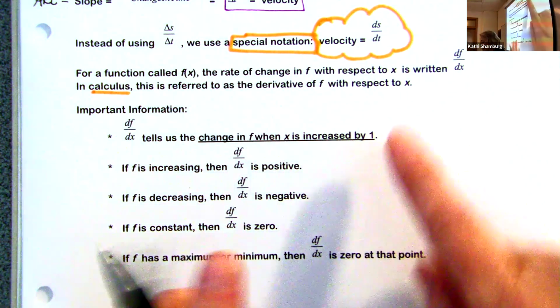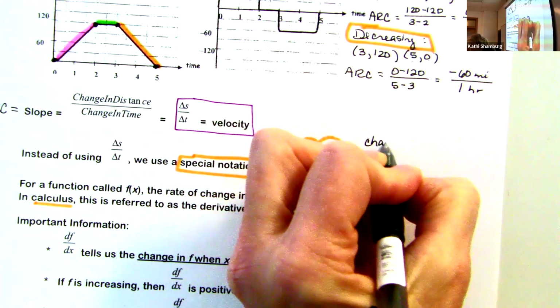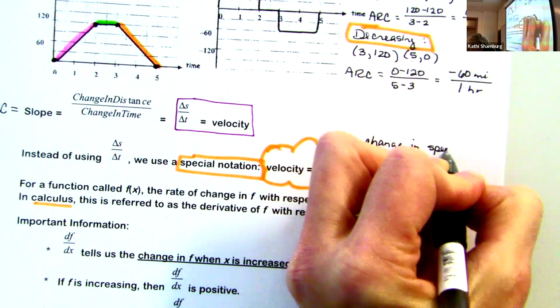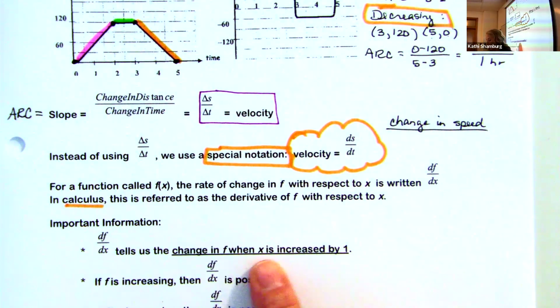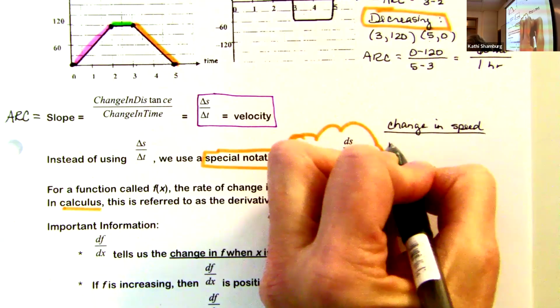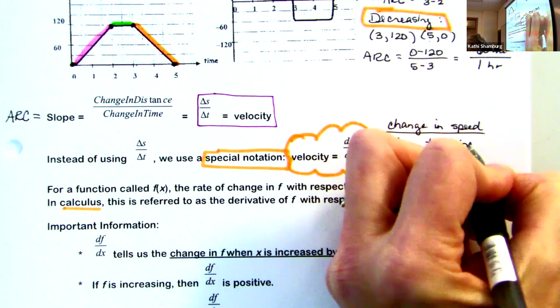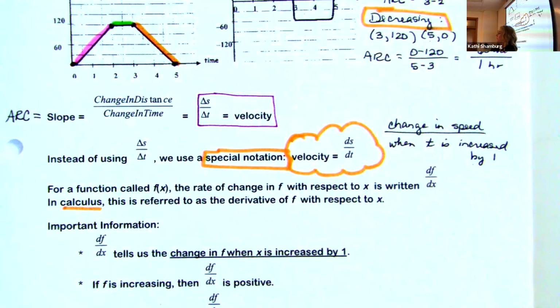So if we're relating that to this up here, it would be your change in speed when x or when t is increased by 1. Typically, so what we've been talking about so far, that would be 1 hour, right?